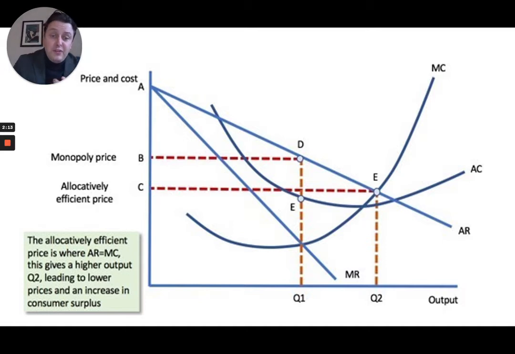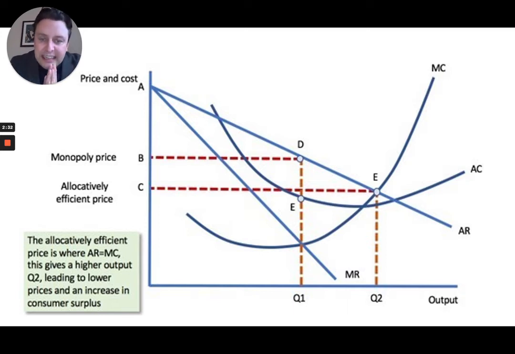The average revenue here is much greater than the marginal cost, generating abnormal profits. Therefore, the good is definitely not allocated efficiently towards the needs of society as a whole.